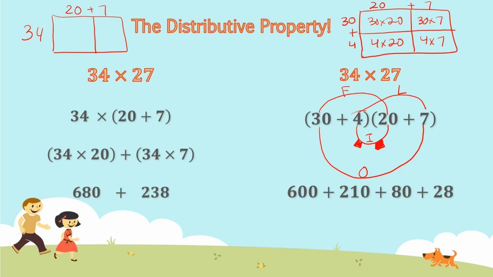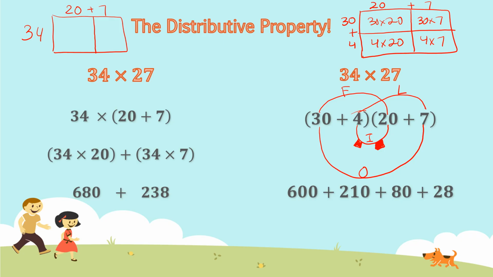Well, seeing this, you might be saying, oh my gosh, why is multiplication so complicated? Well, really, it doesn't have to be. We just have to figure out how to represent the information in a clear manner once we understand how the distributive property works, right?